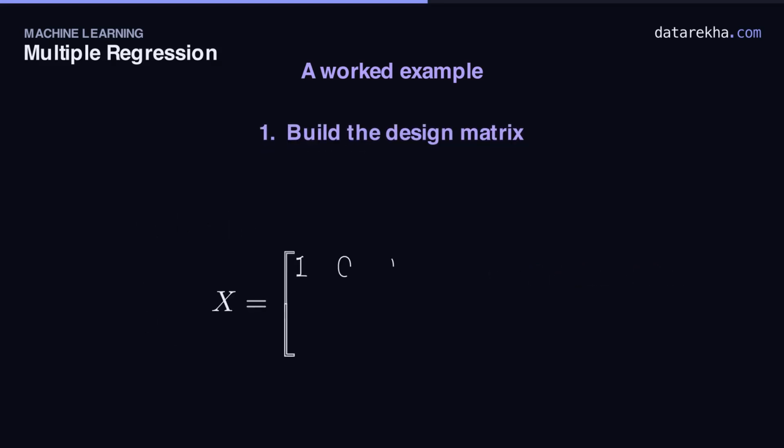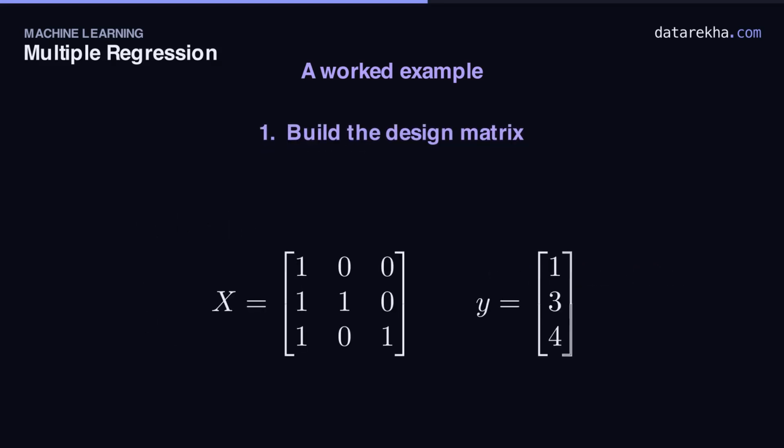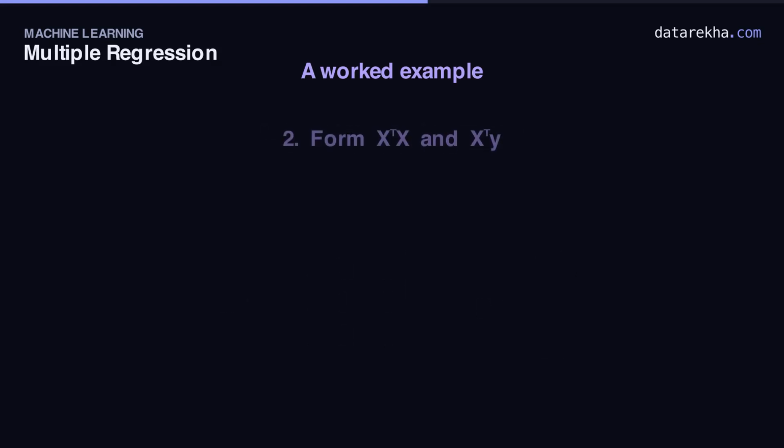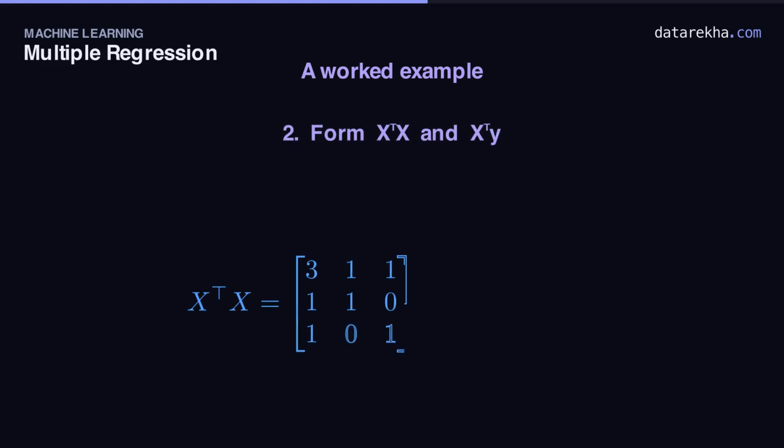Step 1. Build X. Each row starts with a 1 for the intercept, then the two feature values. So the rows are 1, 0, 0, then 1, 1, 0, then 1, 0, 1. The outputs stack into y, 1, 3, 4. Step 2. Multiply. X transpose X is a 3 by 3.